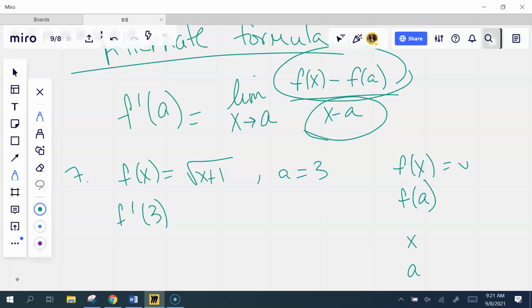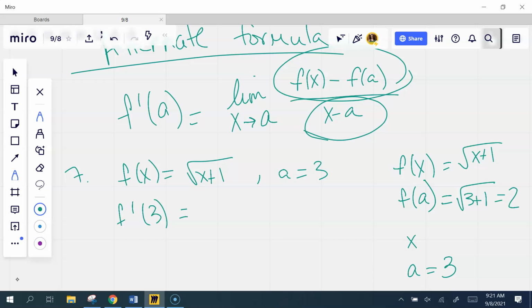F of x is the square root of x plus 1. F of a would be the square root of 3 plus 1, which is 2. Just 2. Just take the positive.